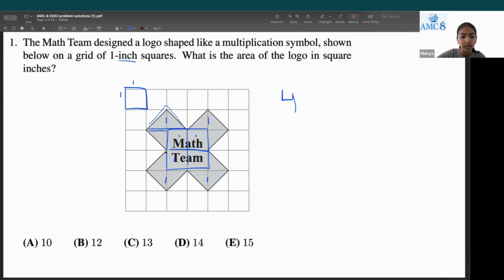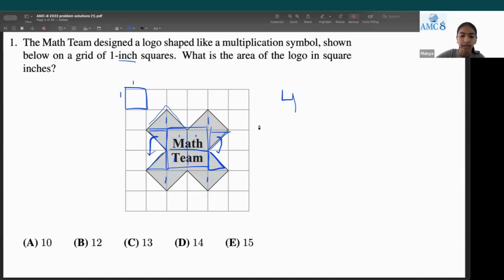Well, what about these ones? To find the area of these triangles, once again, if we combine this one and this one together, just place this one over here, it'll be making 1 square again. The same thing applies to this one.